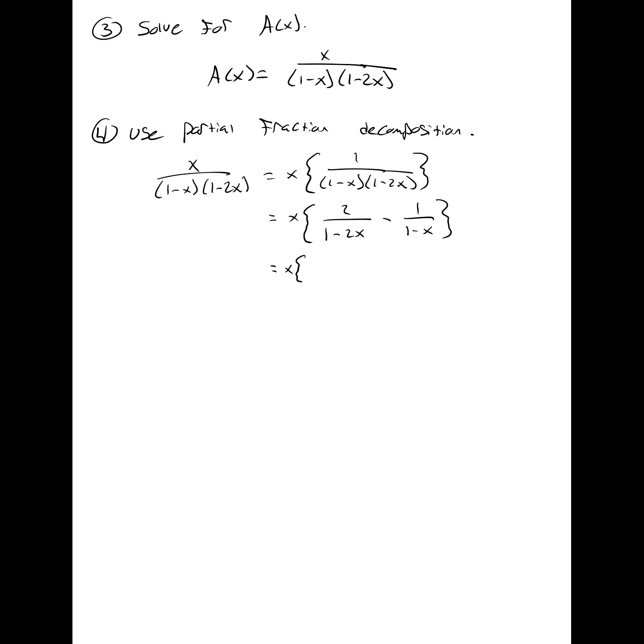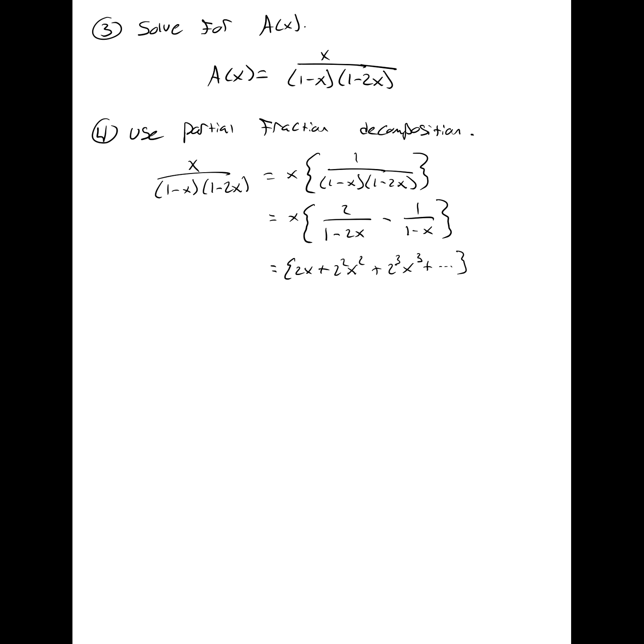But the first piece just works out to be, well, let's just multiply the x in right away. We end up getting that it's 2x plus 2 squared x squared plus 2 cubed x cubed plus dot dot dot. Okay, well, that's the first piece.